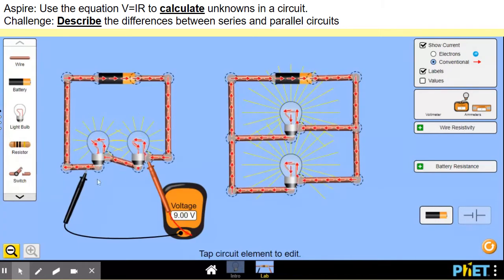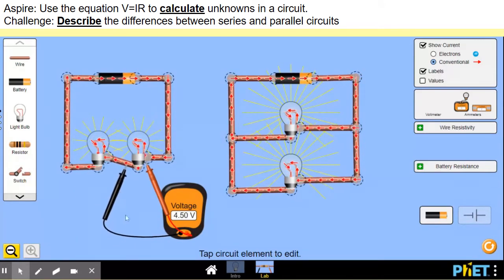But in a series circuit, the potential difference is shared across the components. So if I just put these connectors there for the voltmeter across one, you can see there's only 4.5 volts there. So there's 4.5 volts across that bulb and 4.5 volts across that one.